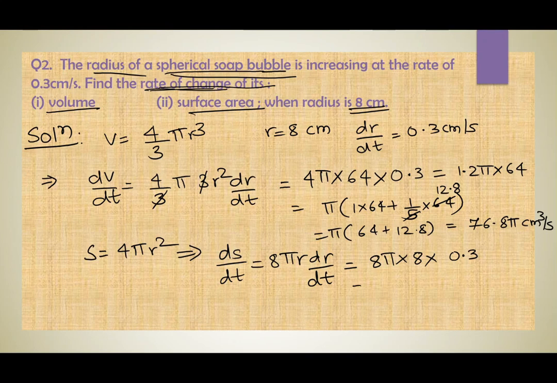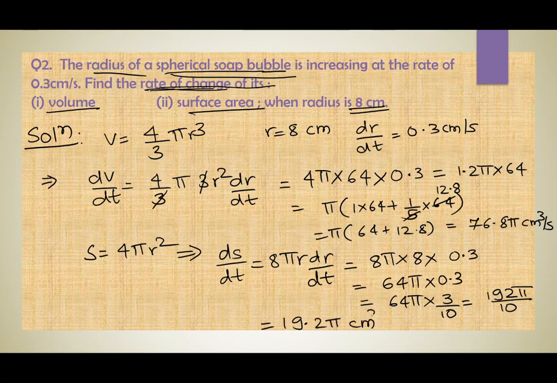Okay, so that is 64 pi into 0.3. ये मैंने कैलकुलेट नहीं किया. Okay, so 64 pi into 0.3 can be written as 3/10. 64 pi into 3 is 192 pi, is it? Upon 10. And अपना आंसर आ रहा है, that is equivalent to 19.2 pi unit centimeter square per second.